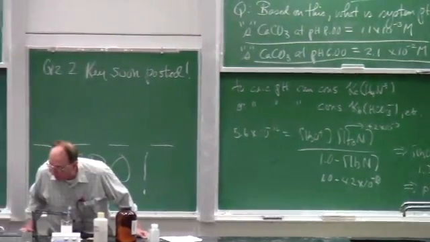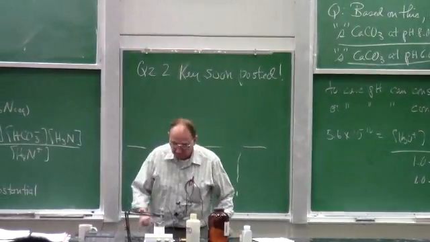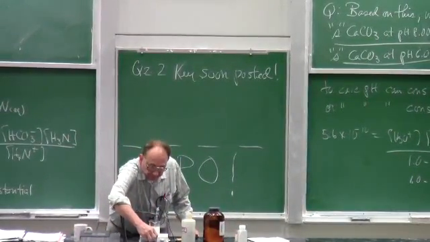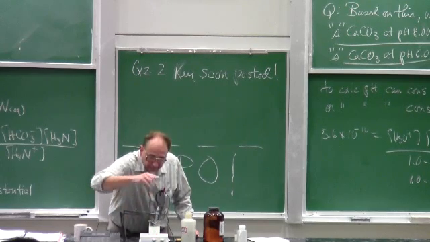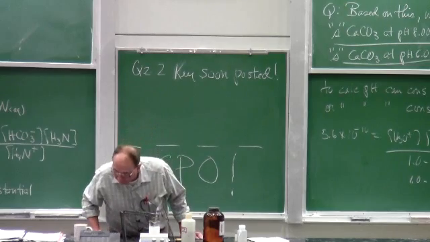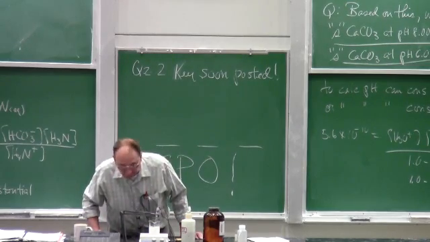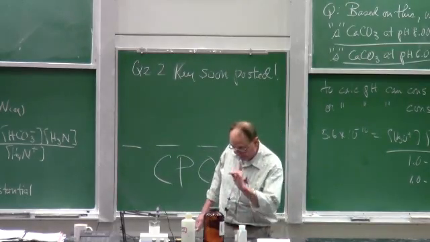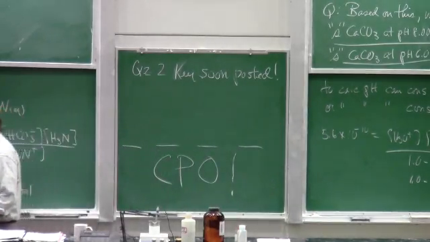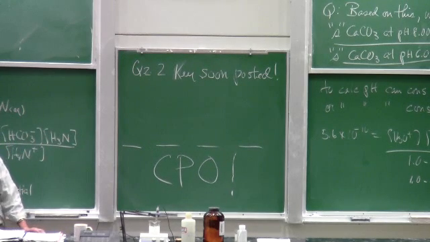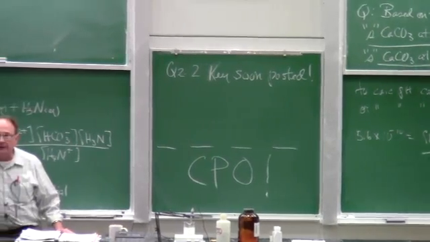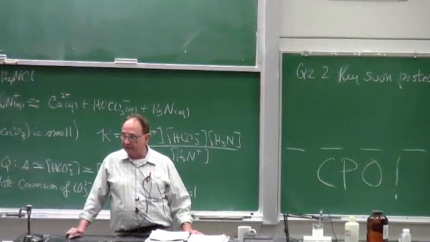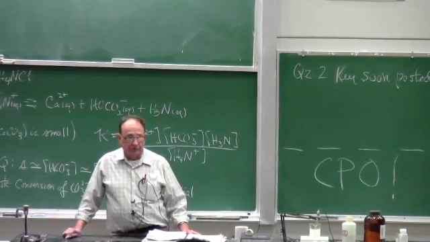We're up to 705, 706. Now, what we need to do is to wait for this system to equilibrate. I will allow this system to equilibrate and report its value to you.